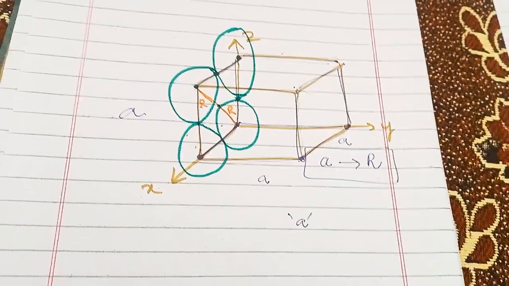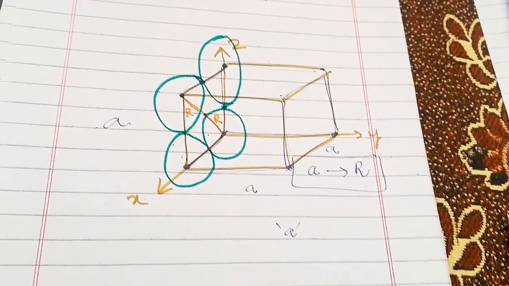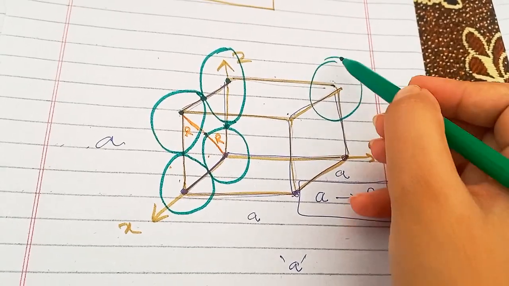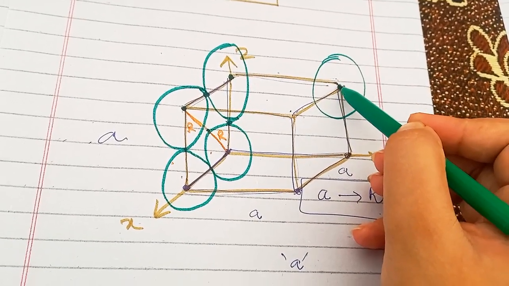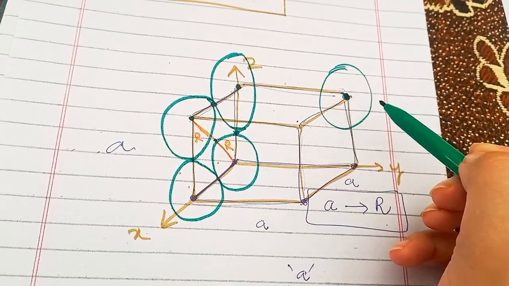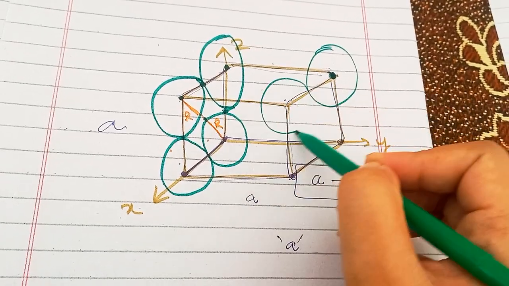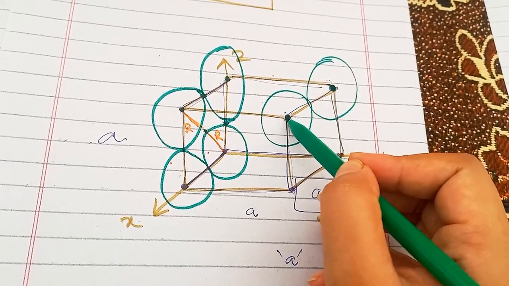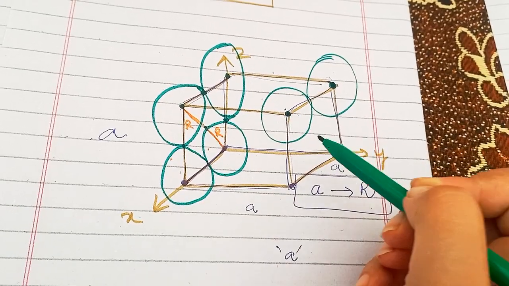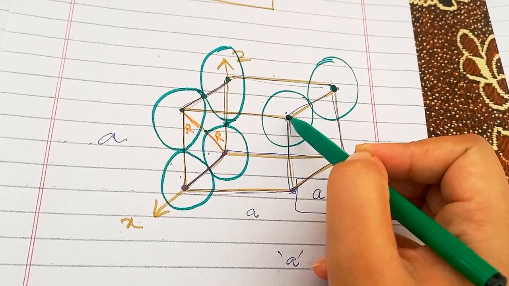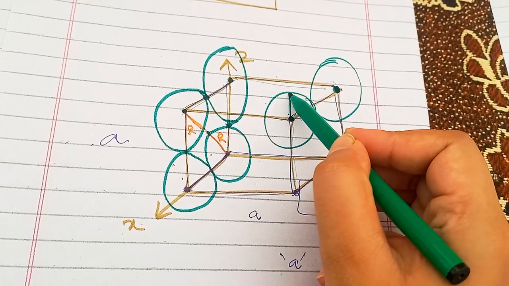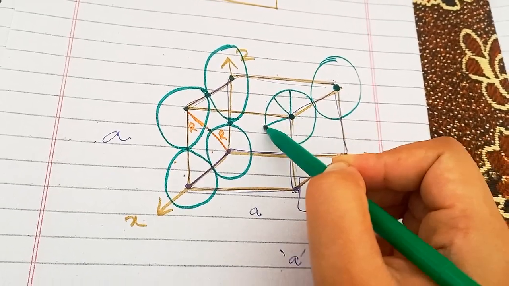And lastly, one more important thing to remember is that for all of the corner atoms, their center will be at the corner of the unit cell. All of the atoms which are at the corner of the unit cell, the atomic center is at the corner of the unit cell, which means that the distance from this corner point to any point on the circle will be the radius.